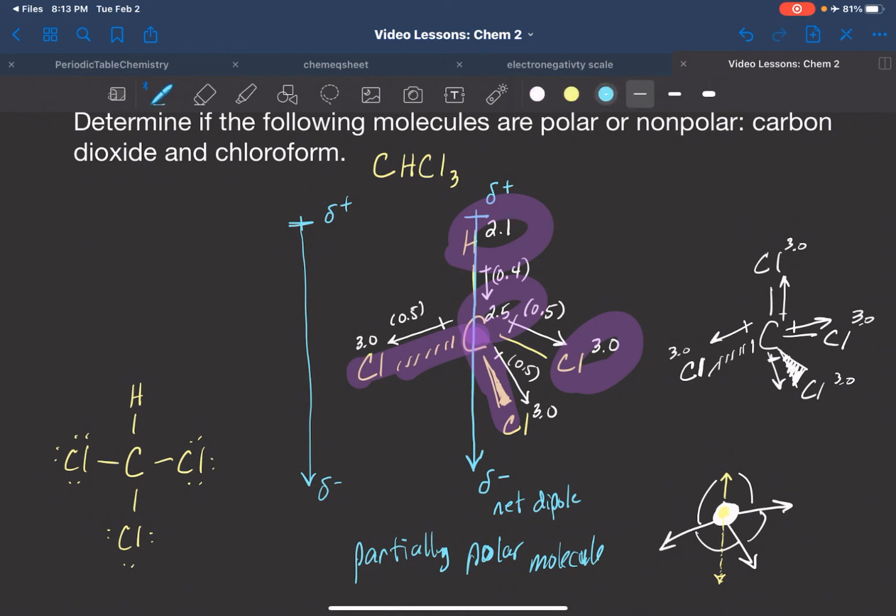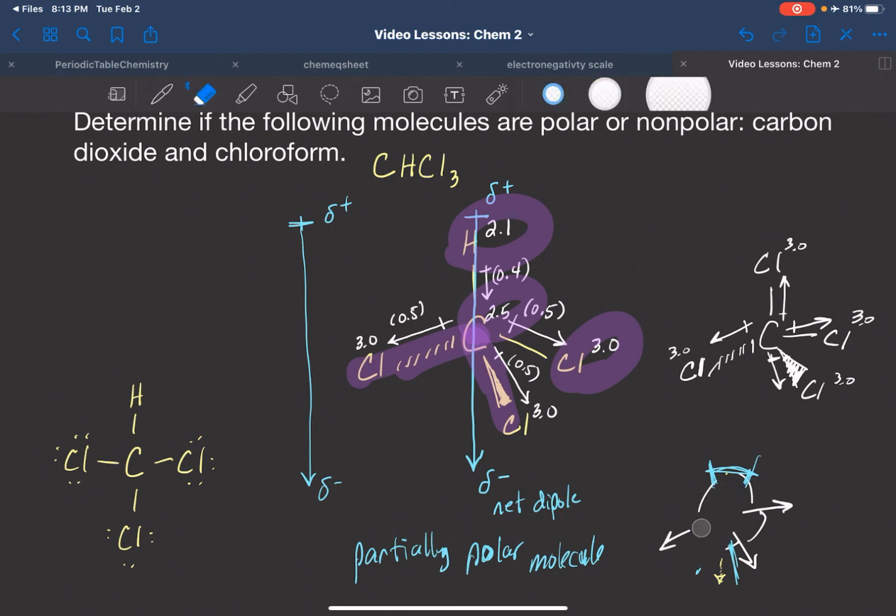Technically you would see more of a pull at an angle like this, leaning towards two of those, constantly moving back and forth, but it's going through there.